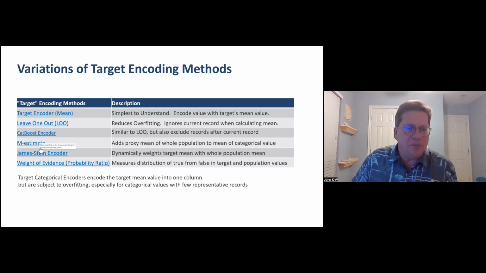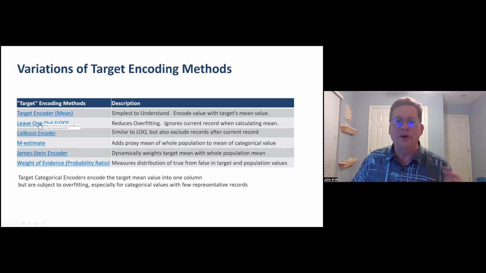Most of these different encoding methods are relatively easy to understand. Leave one out encoding says do a target encoding, but don't include the current record when you're calculating the target. That's going to add in some noise to your prediction.